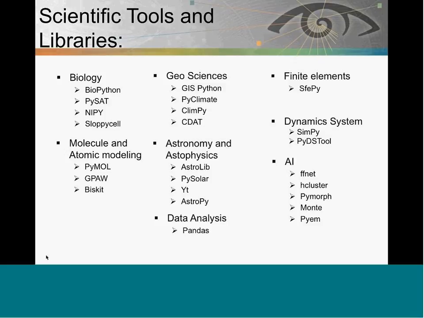It provides not exact but similar kind of functionality which you can get using R or SAS or MATLAB. It provides the statistical functionality, statistical algorithms for Python. And there are so many packages available for finite elements calculation, dynamic systems, and artificial intelligence.